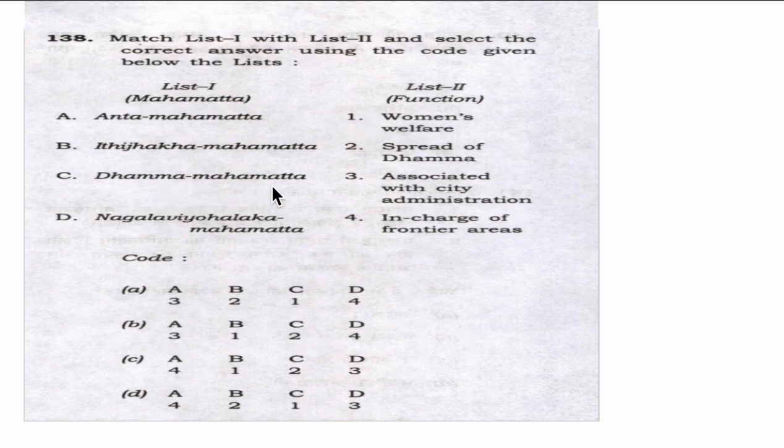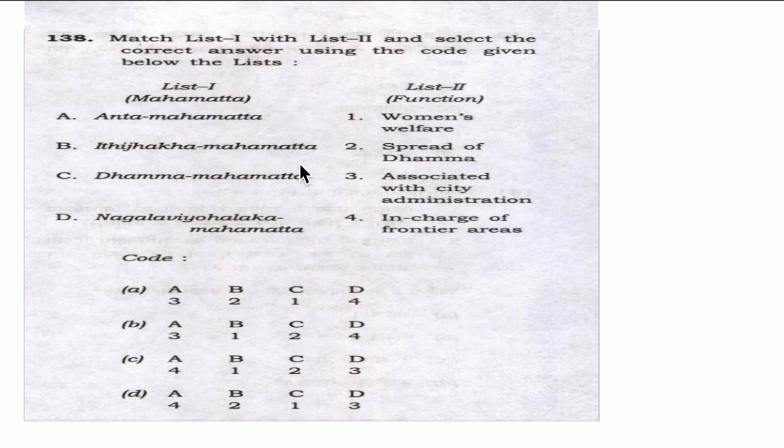Now Dhamma Mahamatta. Dhamma Mahamattas are the officers appointed to spread Dhamma. So option 2. Now Nagalaviyohalaka Mahamatta. These are the officers associated with city administration. Anta Mahamatta is in charge of frontiers, option 4.